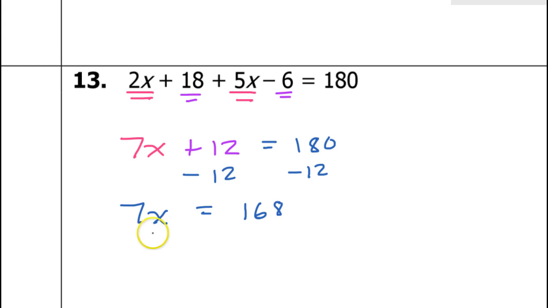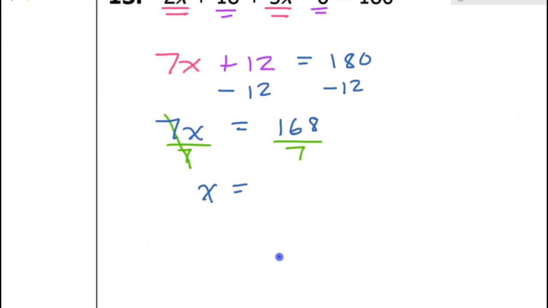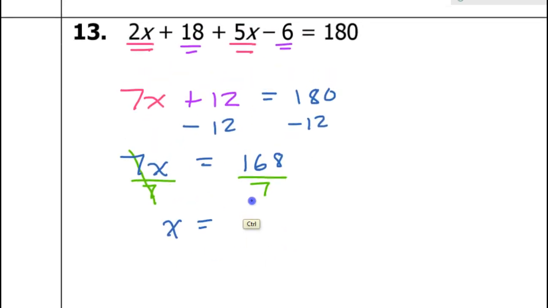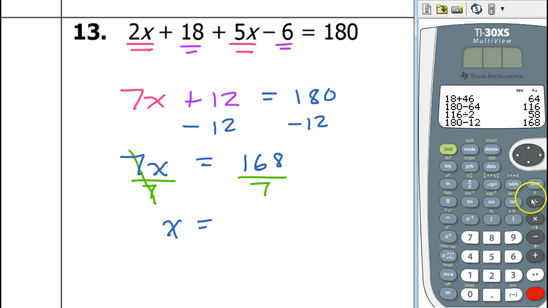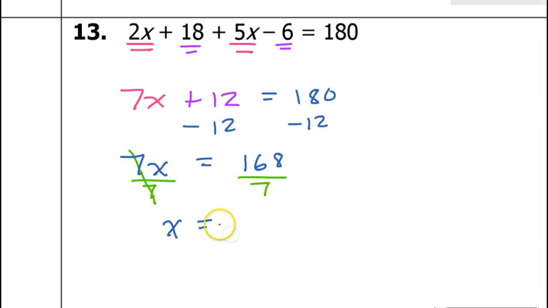Time to divide both sides by 7 to get rid of that 7 in the front. Okay, I have a feeling this does not go in evenly. So 168 over 7. Oh, it does go in evenly. So that's going to be 24.